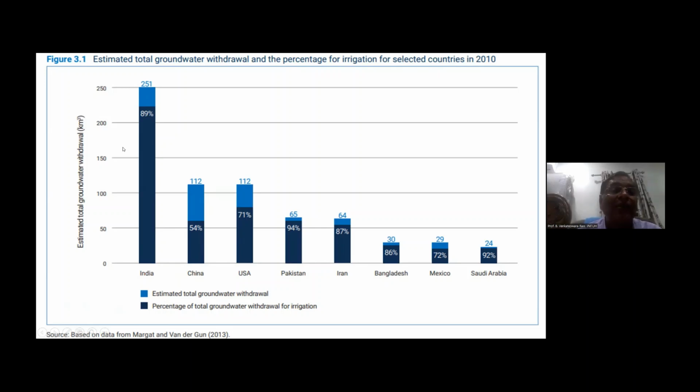In India it is 89%, most of it used for agricultural production. That means irrigation. In China it is 54%. Even in USA, 71% is used for irrigation. Pakistan 94%. Southeast Asian and Asian countries, some of them, Bangladesh, and even Mexico, are using a lot more for irrigation. Mostly it is used for irrigation. That is the scenario.